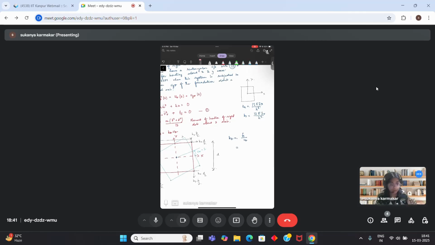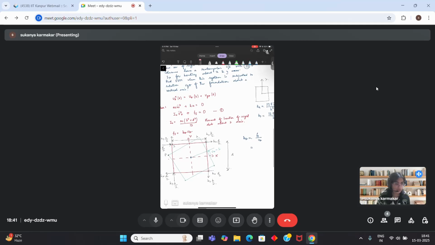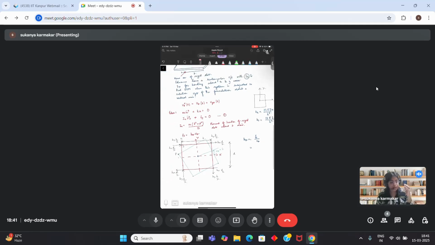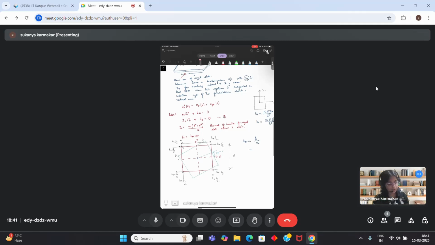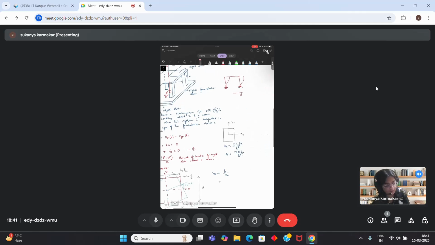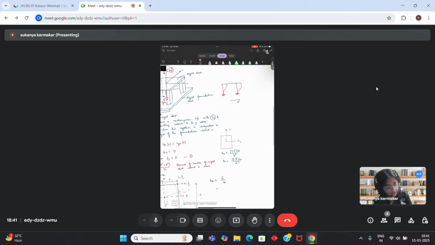Ma'am, are we doing static condensation here? No static condensation. Static condensation is when you have a certain degree of freedom which is not required in a problem, and you're trying to remove that degree of freedom. Suppose in a column like this, how many degrees of freedom do you need to describe this?